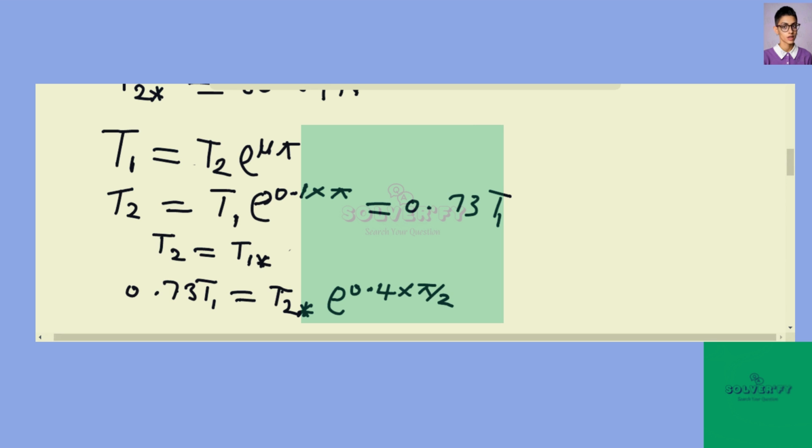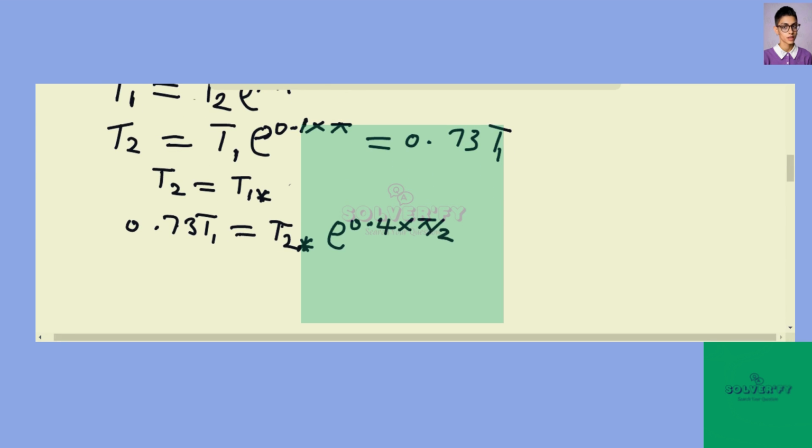When you solve that, you arrive at T2 star equal to 0.39 T1.